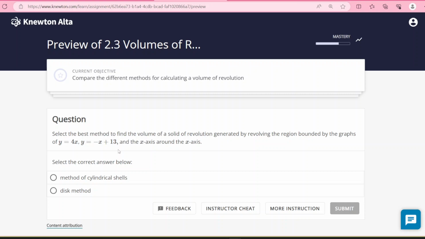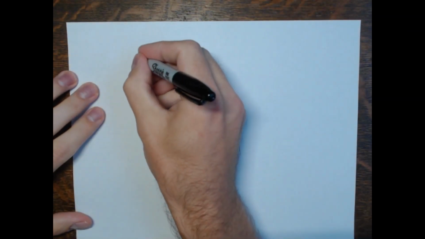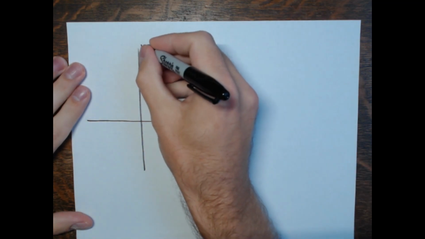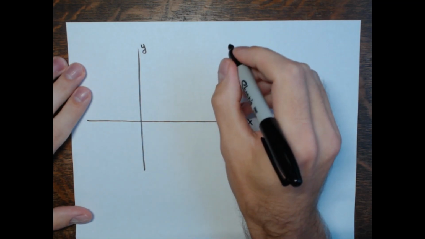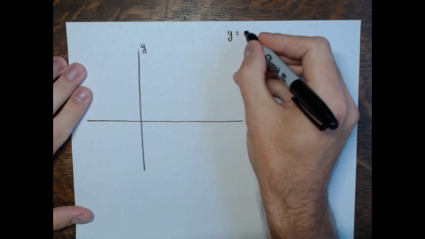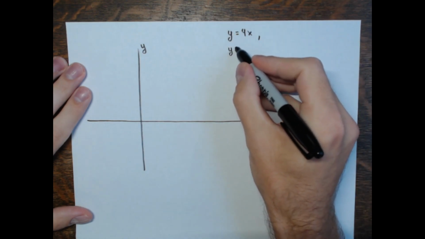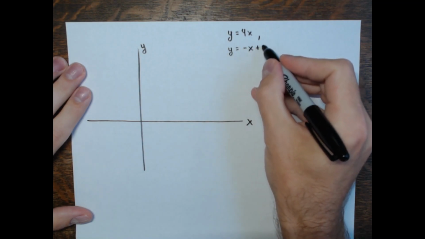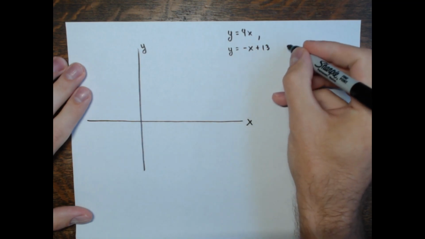So here's the XY axis again, XY plane. The curves we are given. All right, so the region bounded by the graphs of y equals 4x and y equals negative x plus 13 on the x-axis.